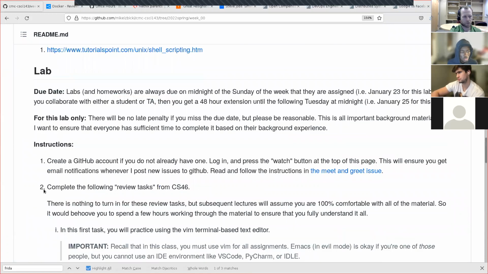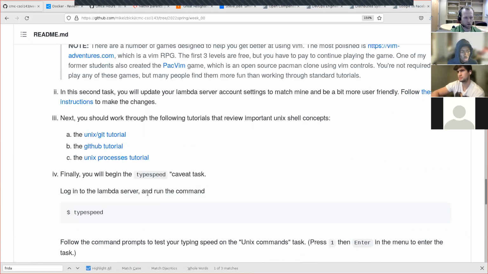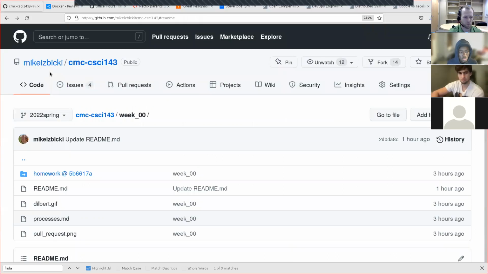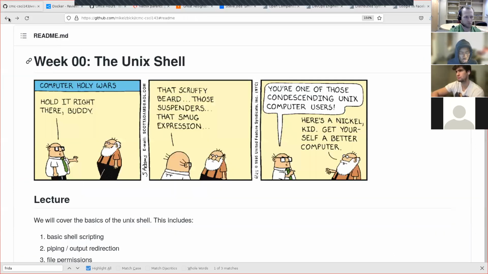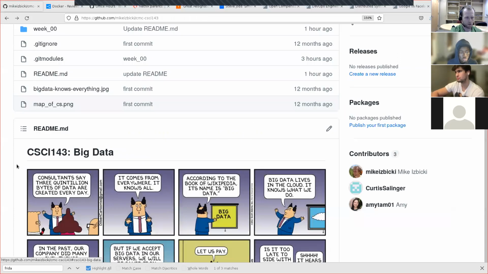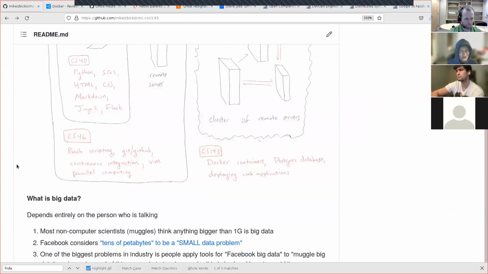And then this lab down here has a bunch of links to all the review material. So there's lots of resources for people to catch up on things that maybe you didn't have prior knowledge of, or maybe you do have some knowledge of that and need to review. Lots of resources about that will be available. Good question.